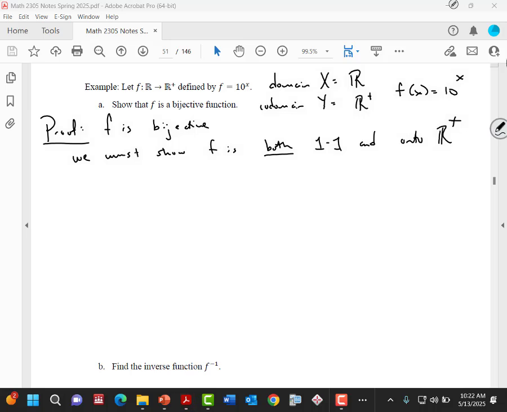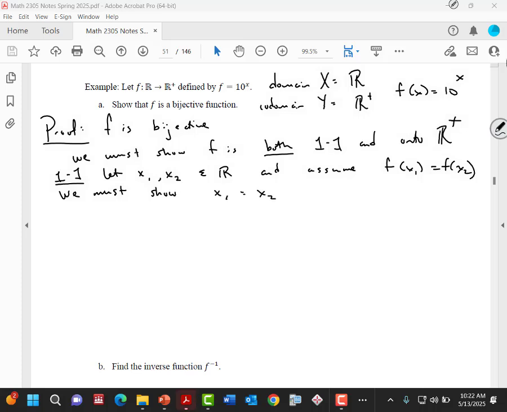Let's first show 1-to-1-ness. Let x1, x2 be in the domain, and assume that f of x1 equals f of x2. We must show that x1 equals x2.